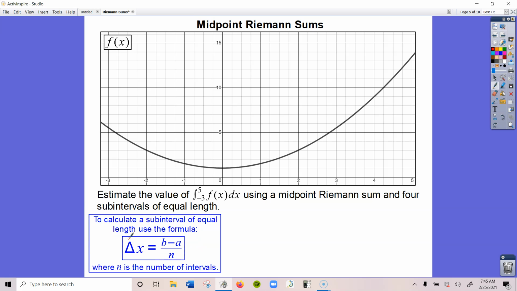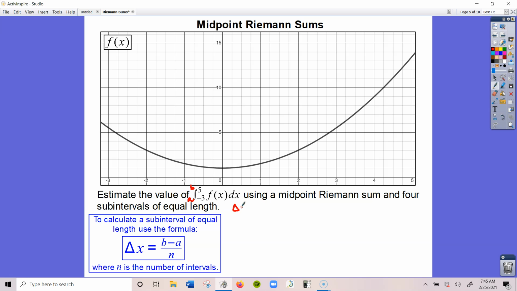So your change in x, that's what the triangle means, the change in x, would be the length of each rectangle. So what we do is we do b minus a. So this is your interval. Remember that this is a and this is b. And then we divide by the number of subintervals that they say.